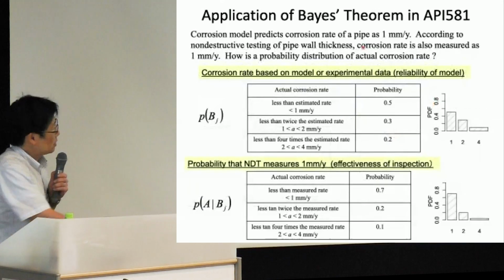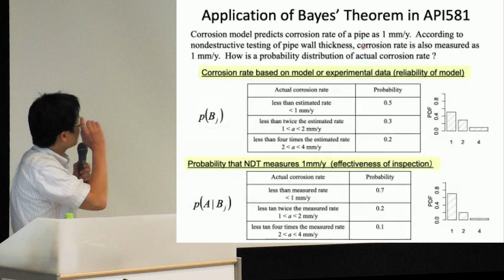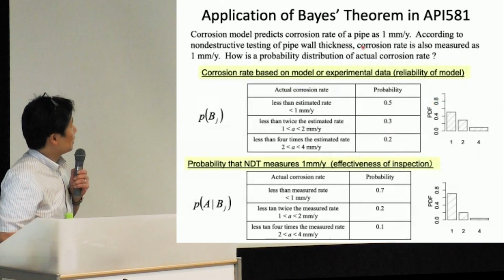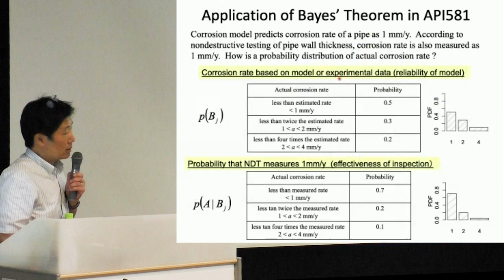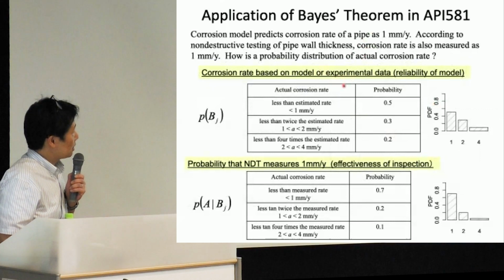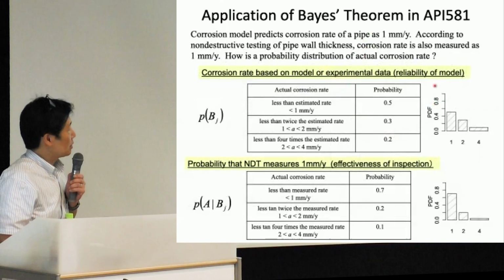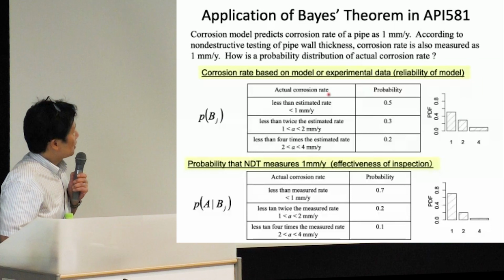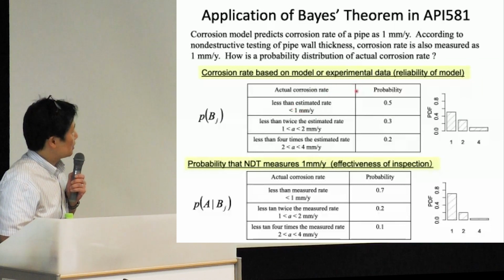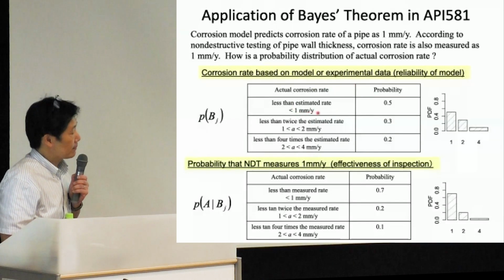Okay, so in order to answer this question, at first we determine the reliability of the model for corrosion. Let's say a corrosion model predicts that the corrosion rate is 1 millimeter per year.